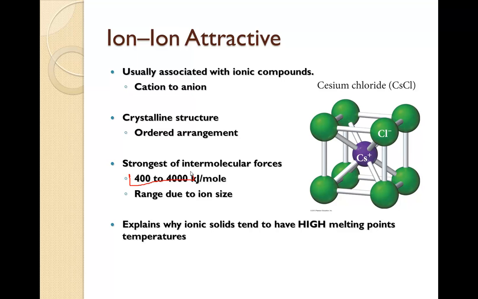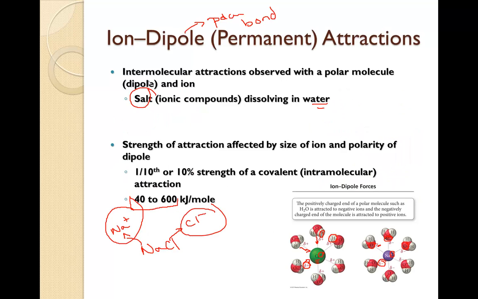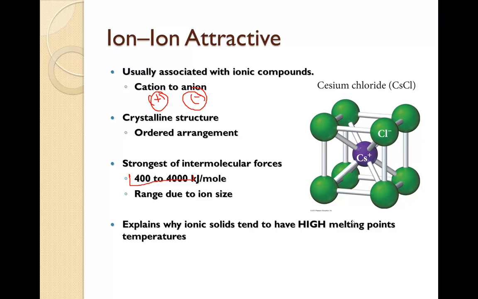So it's the positive-negative interaction. Notice that they're whole charges, unlike these, where the charges are partially positive and partially negative. And they form a crystalline structure, which is a very ordered arrangement. It's the strongest of all the intermolecular forces, and the range is due to the ionic size.